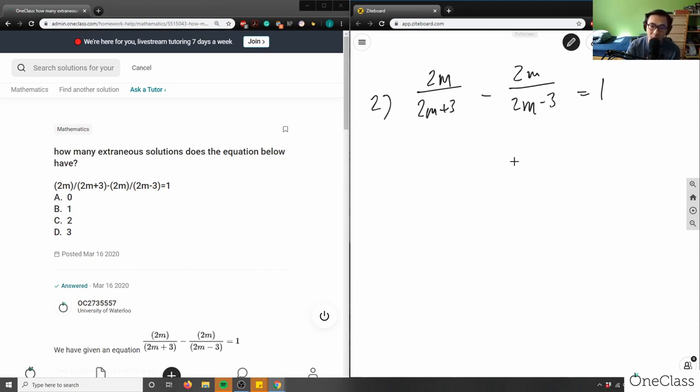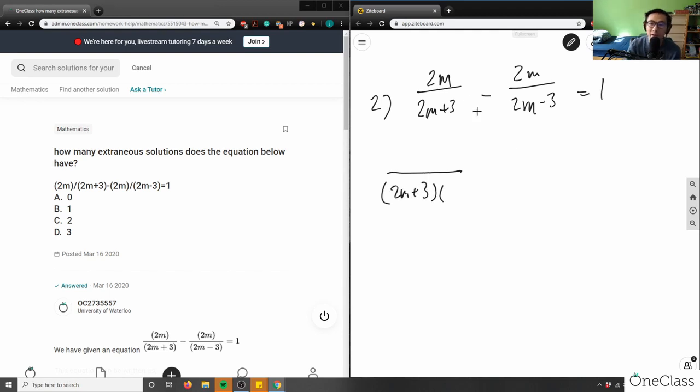So if we're given this problem here, and I want to isolate for this m value here, what I'm going to have to do first is put these two terms in a lowest common denominator. So here's 2m plus 3. This is 2m minus 3. I need them to be in the same denominator, which means I need to multiply this term by this term here. So I'm going to get something like this. 2m plus 3 is going to be at the bottom.